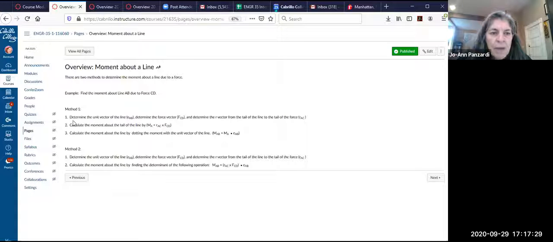Notice step 1 and step 2 are the same exact thing. If we're trying to find a moment about a line, we need to know the unit vector of that line, the force vector, and the R vector, whether we do method 1 or method 2. In method 1, I have you stop, do an intermediate step, and calculate the moment about the tail of the line.